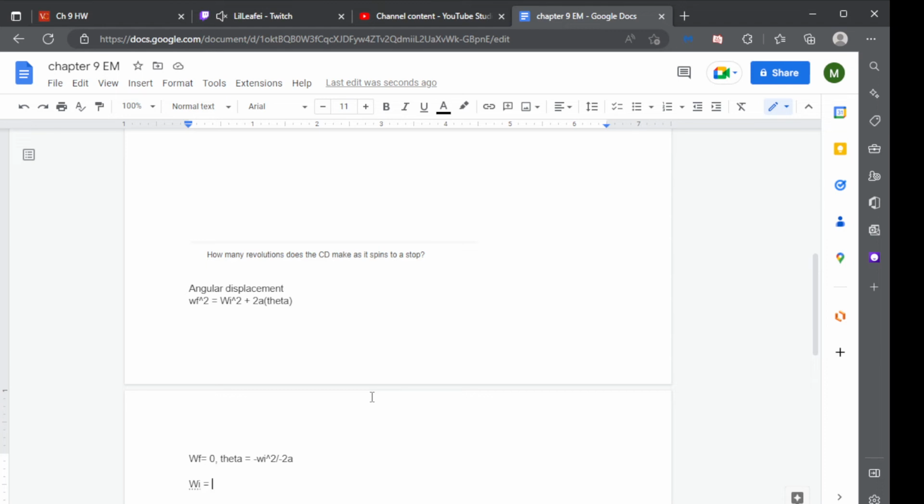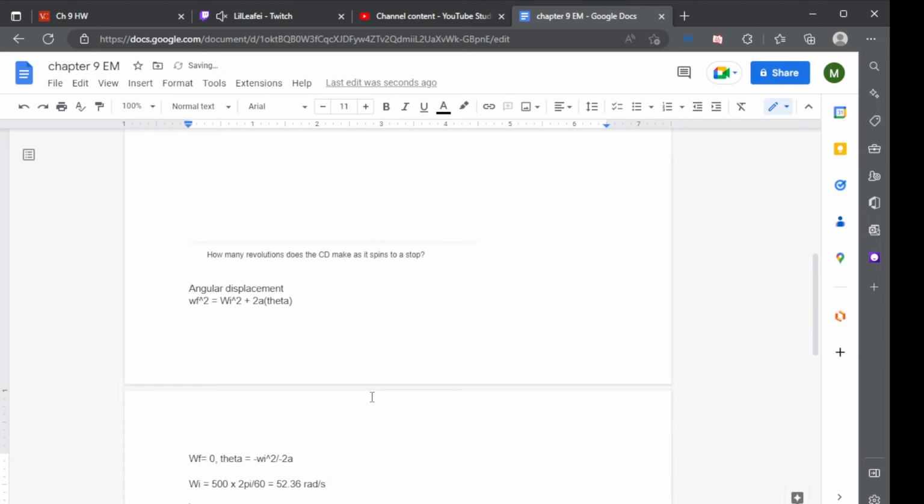We keep the 500, but we multiply by 2 pi and divide by 60, since the time from the previous question is irrelevant. So 500 times 2 pi over 60 seconds is going to give us 52.36 radians per second.